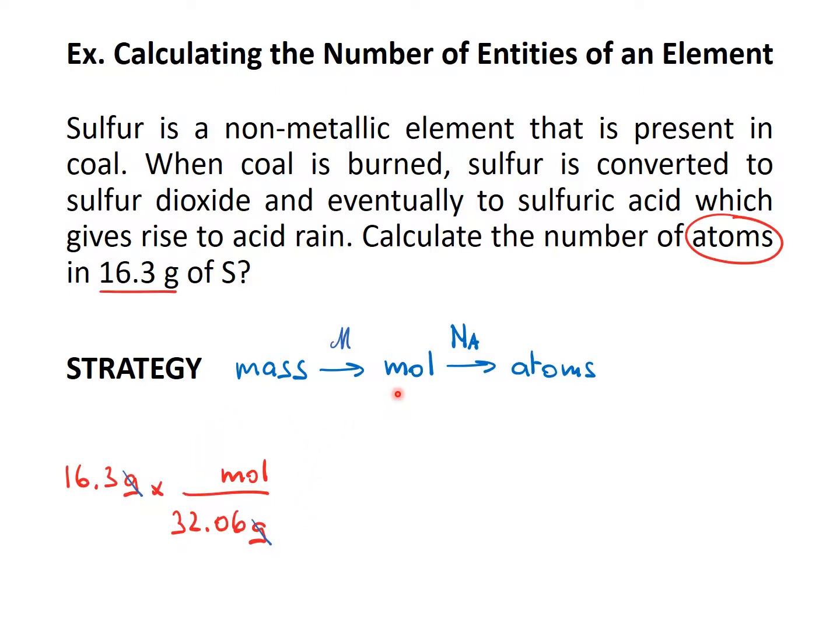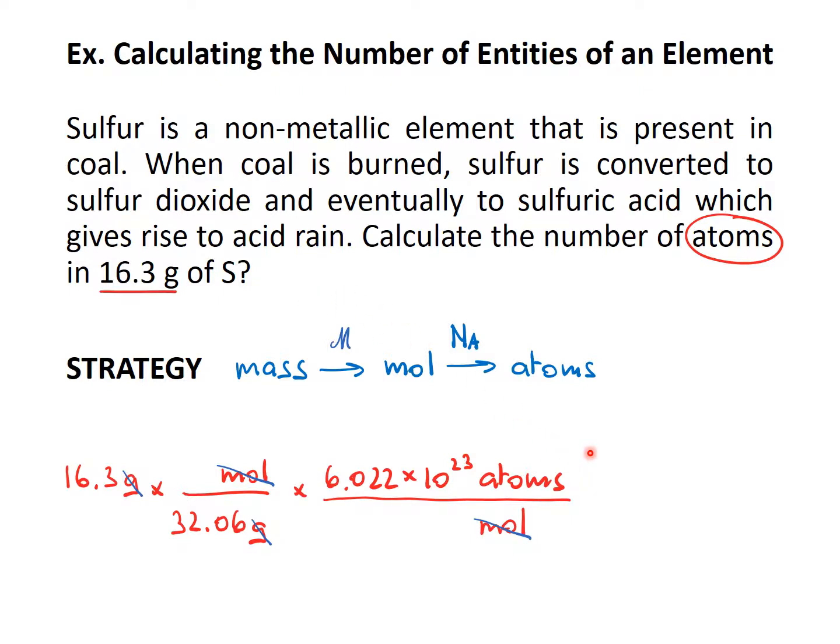So now to convert from moles to atoms, we need Avogadro's number. And in this case, we'll have to multiply it by Avogadro's number, which is 6.022 times 10 to the 23 atoms per mole. And we can see here that in this case, the number of moles will cancel, leaving us with atoms of sulfur, which is exactly what we want.